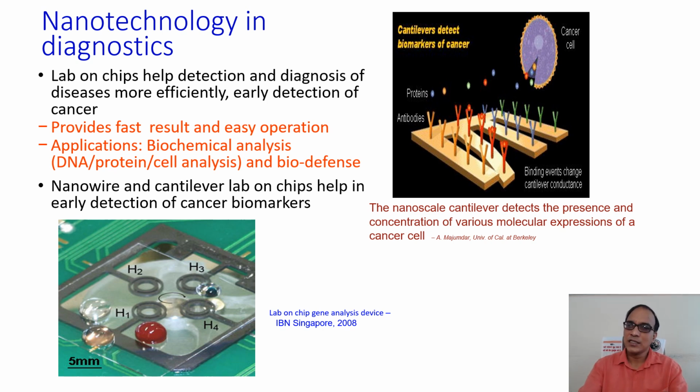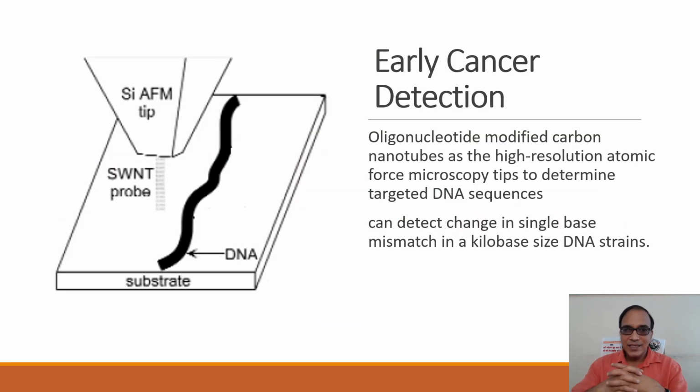As you can see, the cantilever is a branded technology, a trademark. Cantilever lab on chips help in early detection of cancer biomarkers. We will see in a little more detail what is actually happening in early cancer detection.